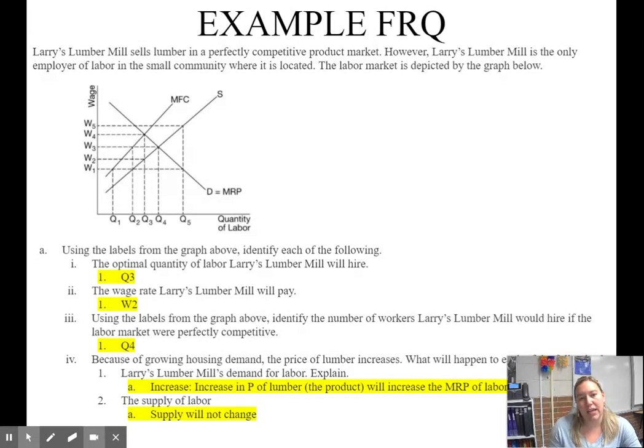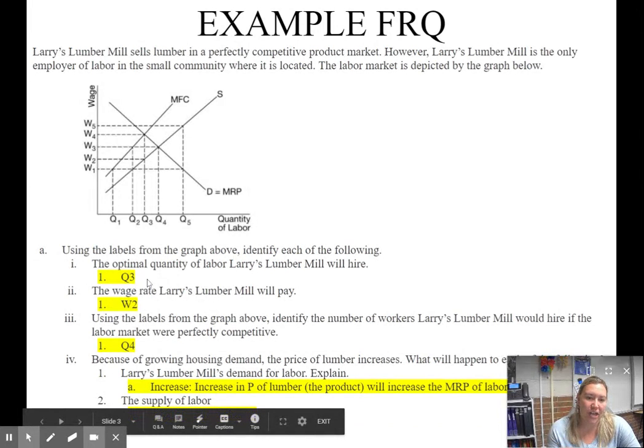What I want you to notice, and one of the best things about micro and AP Econ, is that unlike all of your other social studies classes, you are not typically required to write more than 1 or 2 words, maybe a sentence.